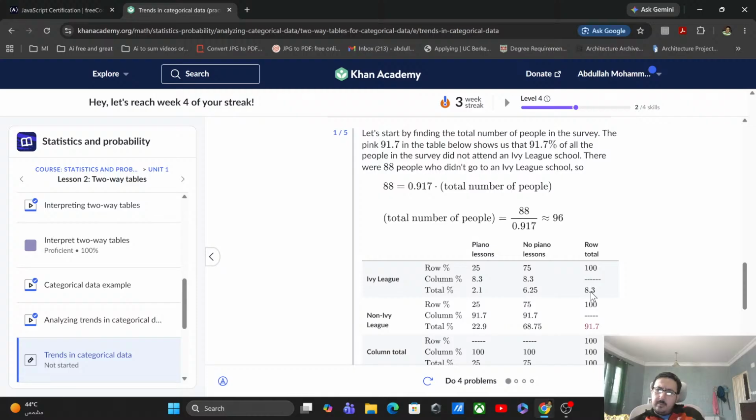That's 8 people. But out of the 100, there's only 2.1.